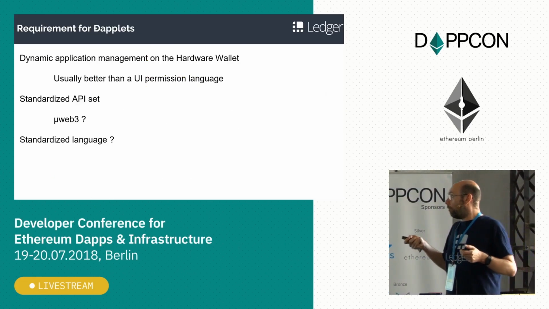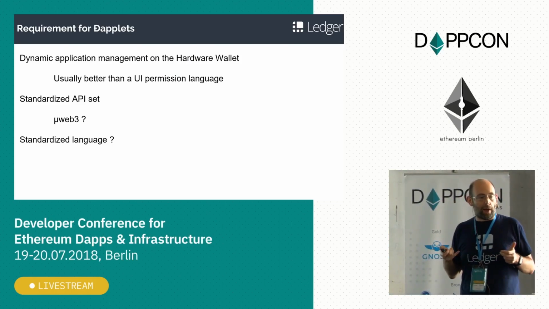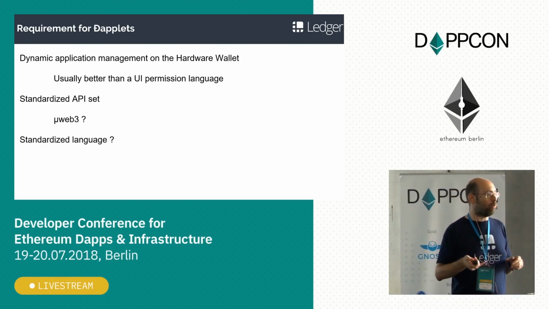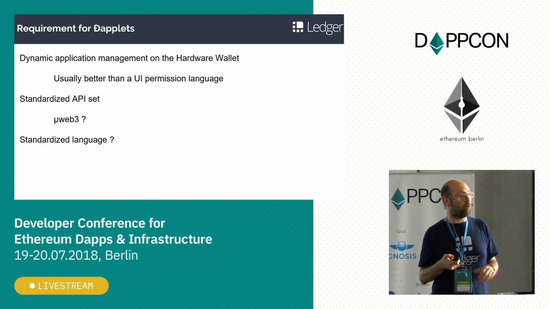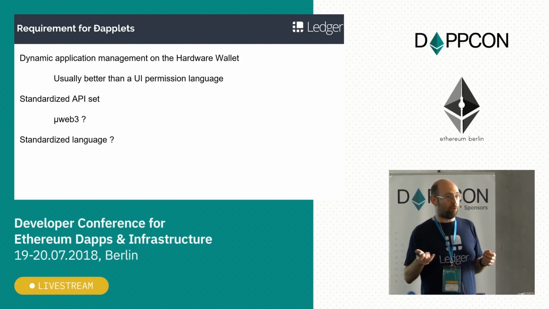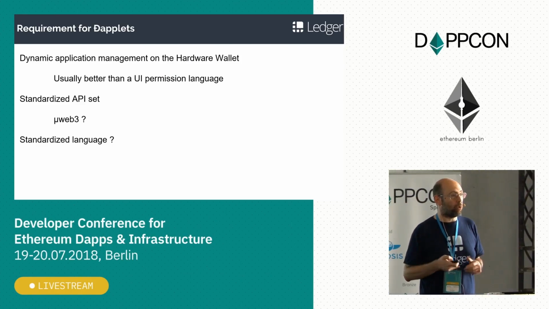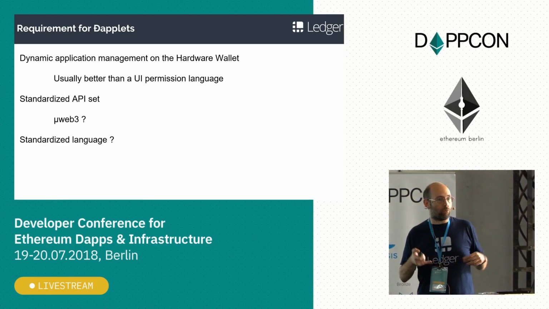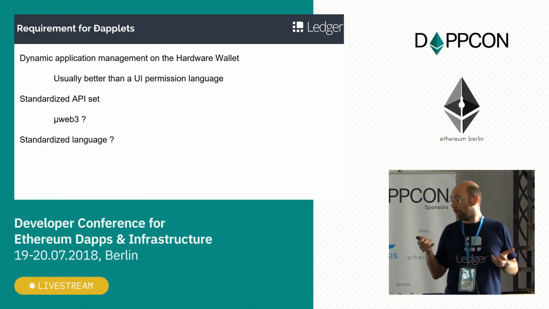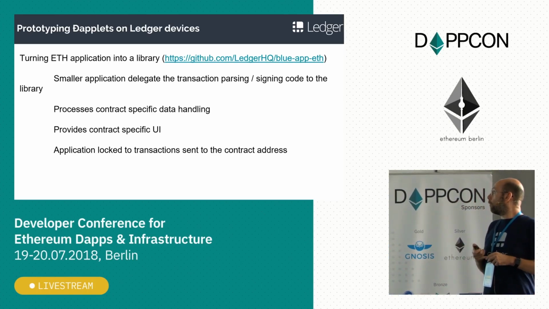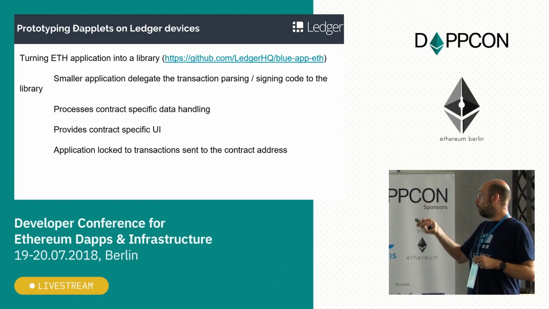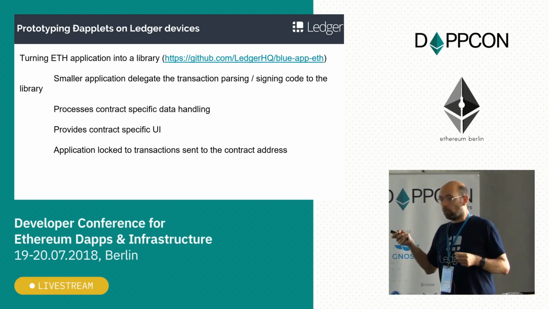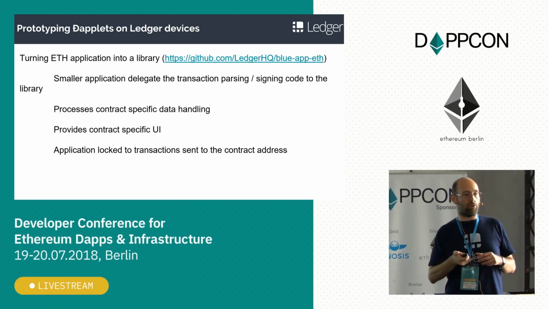So what is this API going to look like? That's kind of an open question. We will offer a framework to do that in C, with our own SDK. But people might want to think about a standard for how those applications could be coded for the hardware wallet. On our side, we will turn our Ethereum application into a library.